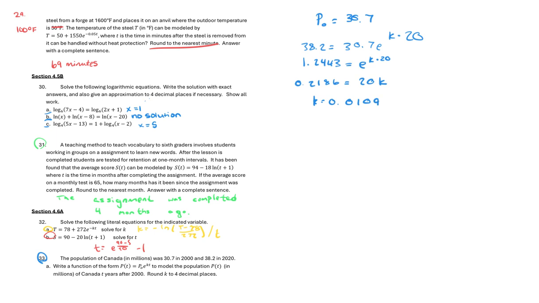So we have k now, but the question asks us to write P of t. So P of t is equal to P naught, which is 30.7, e to the 0.0109t. That's going to be our answer for part A.